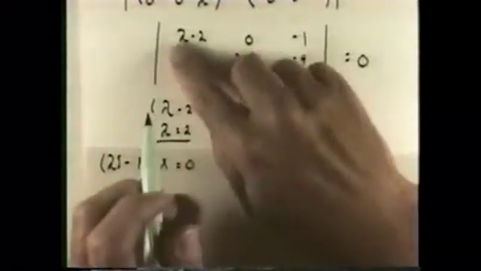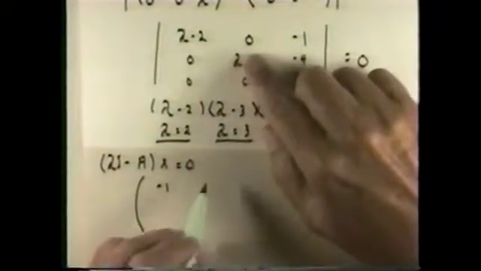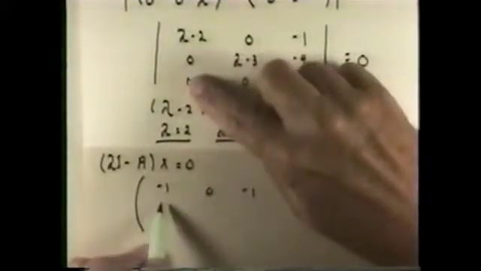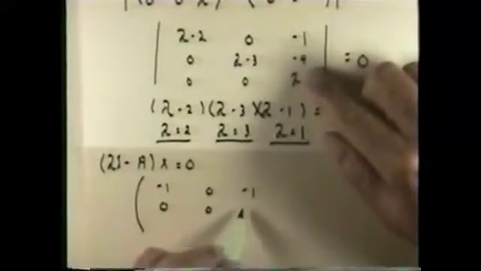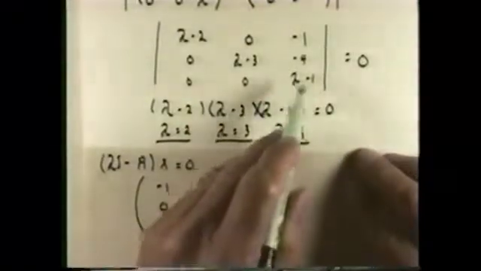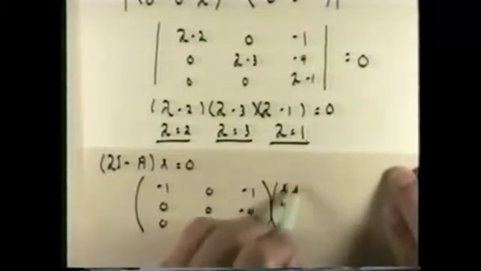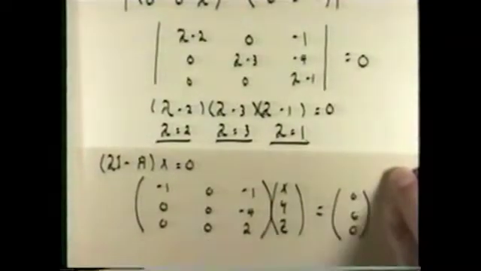If lambda is 3, 3 minus 2 is negative 1. That would be 0, negative 1, 0. Lambda minus 3 is 0, negative 4, 0, 0, 2. Lambda is 3, 3 minus 1 is 2, times x, y, z is equal to the 0 matrix.